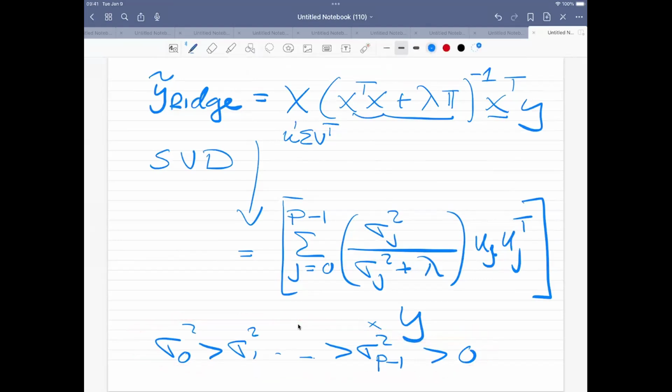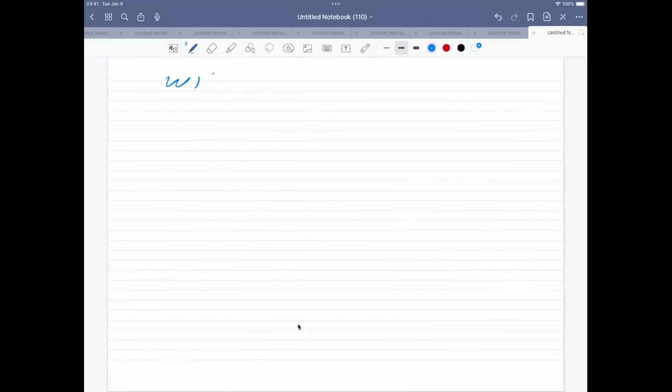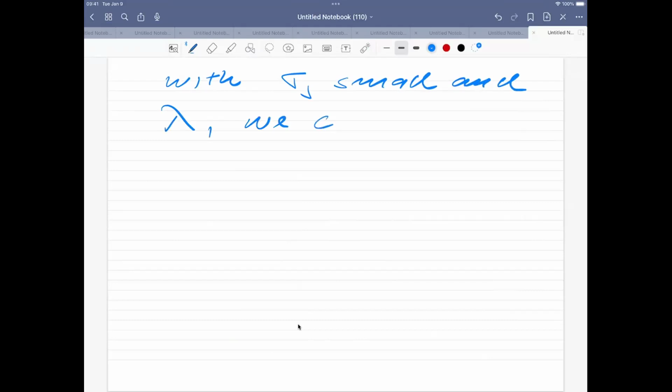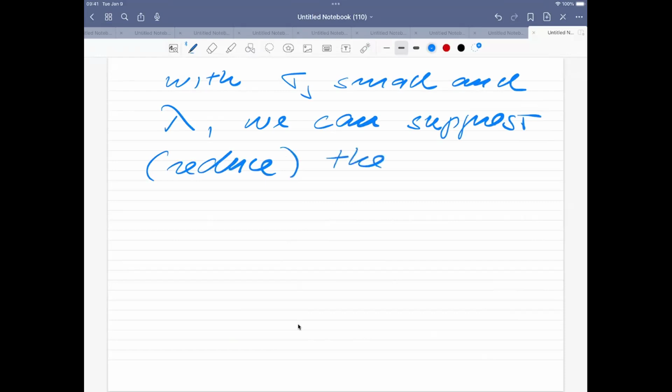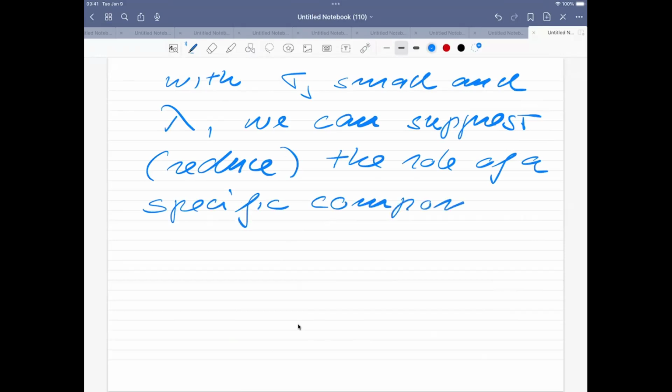If you look at this with sigma j small and lambda large, we can suppress, or reduce is perhaps better, the role of a specific feature, a specific component u of j.